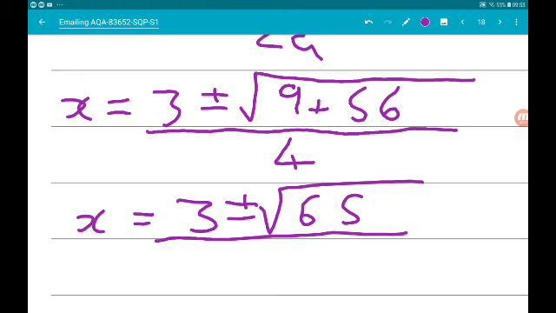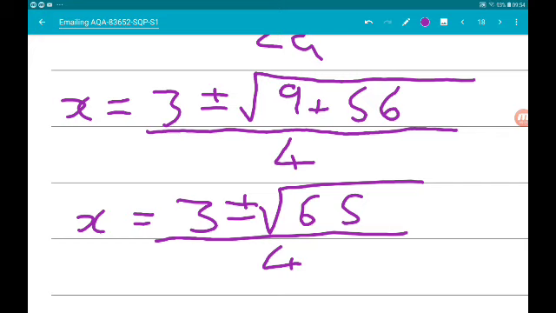Now, at this point, remember that the question said solve for x greater than 0. If we did 3 minus root 65, that would give us a negative number. Root 65 is just bigger than 8. 3 minus 8 is negative, so 3 minus something bigger than 8 is going to be even more so.